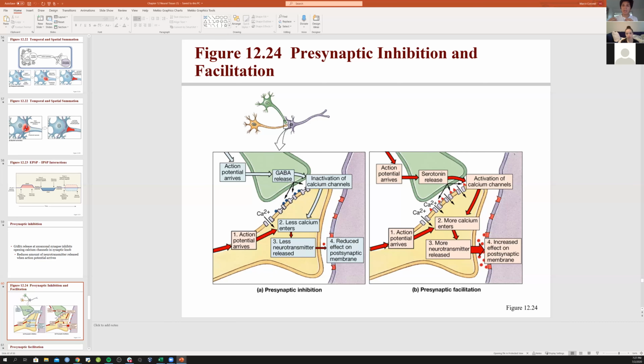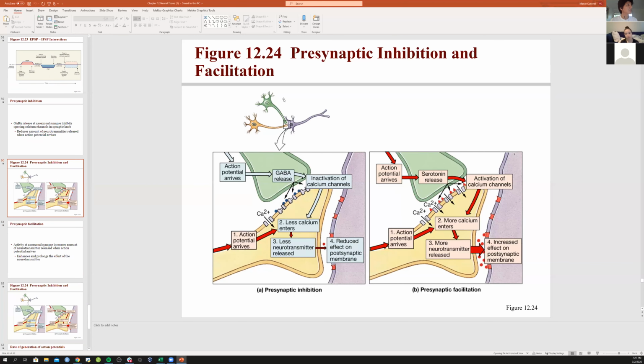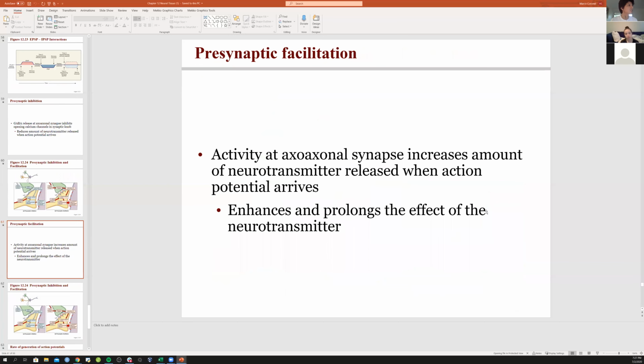Meaning that if it's more positive, then more voltage-gated calcium channels will open. If it's more negative, then fewer voltage-gated channels will open, and therefore, what does calcium going into the cell mean? That's another rule of thumb at the level of the axon: more vesicles will fuse and more neurotransmitters will release. That's presynaptic inhibition and facilitation.